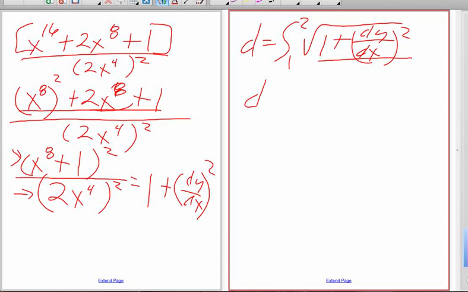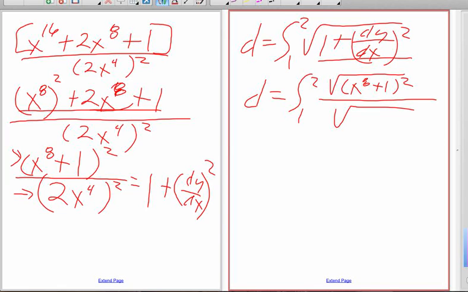So my distance then is going to be the integral from 1 to 2 of the square root of (x to the 8th plus 1) squared over the square root of (2x to the fourth) squared.